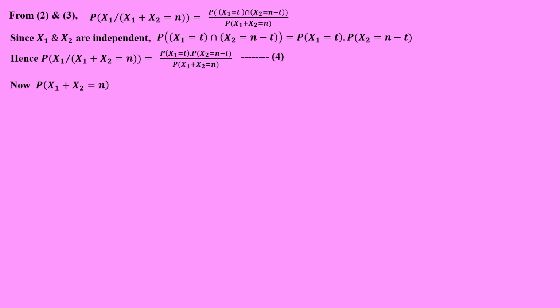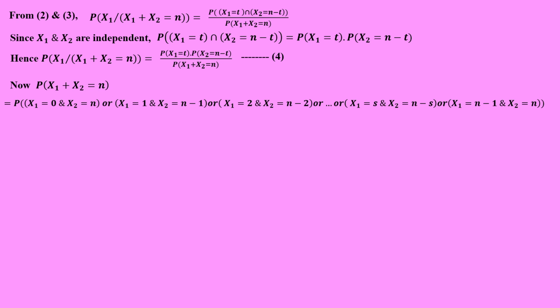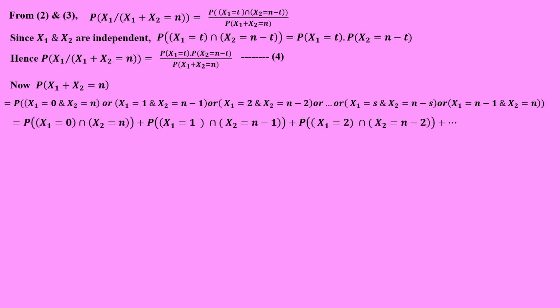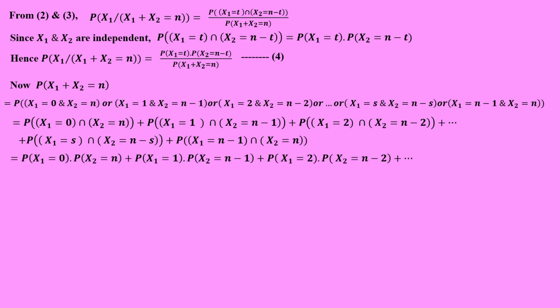So probability of X1 plus X2 is equal to n is equal to probability of X1 equal to 0 and X2 equal to n, or X1 equal to 1 and X2 equal to n minus 1, or X1 equal to 2 and X2 equal to n minus 2, etc., up to X1 equal to n minus 1 and X2 equal to 1... because X1 and X2 are independent, the intersection becomes multiplication.